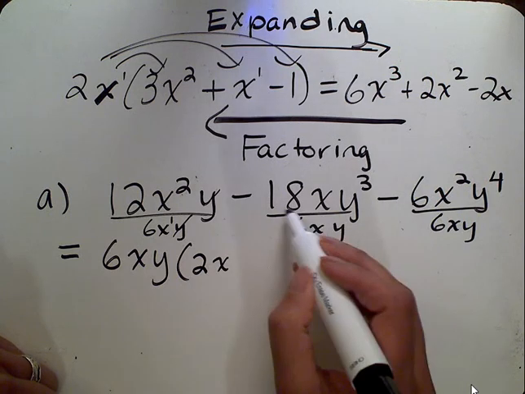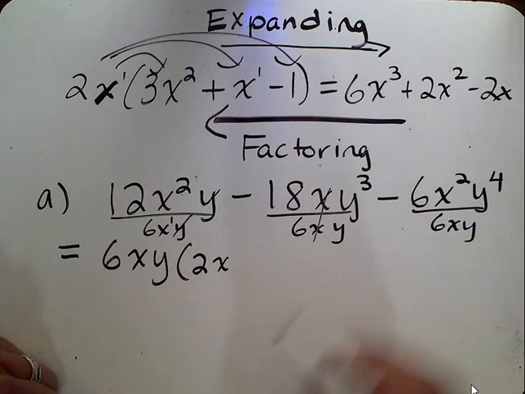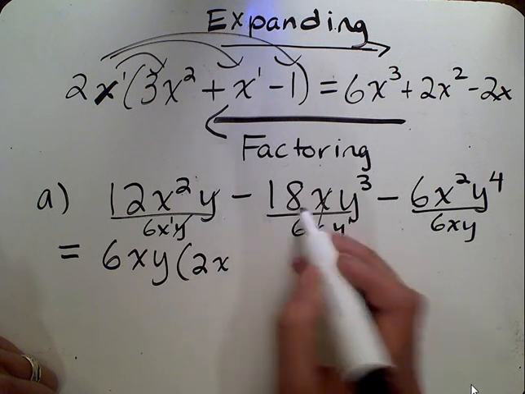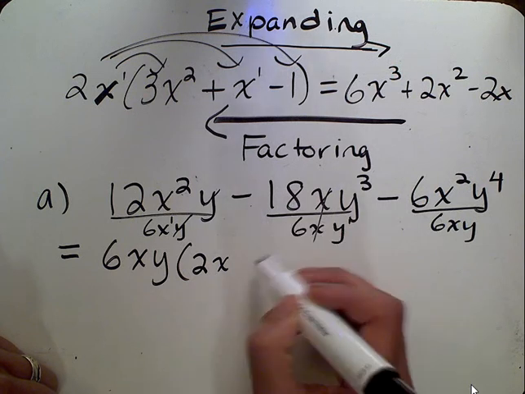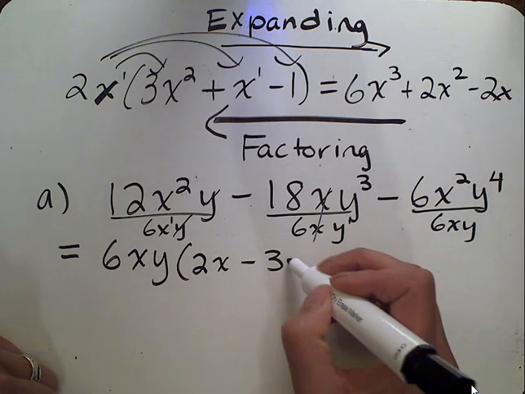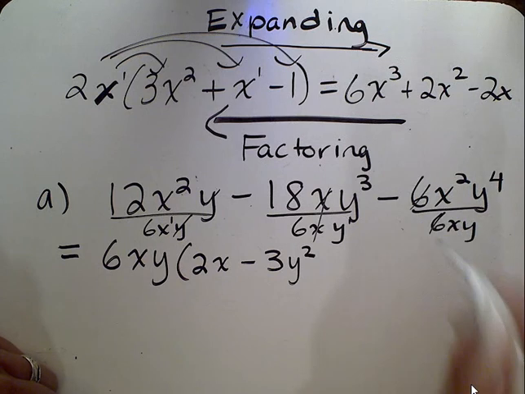Negative 18xy cubed divided by 6xy. Well, this time those x's are going to cancel out. 18 divided by 6 is 3. I'm going to think of this as negative 18 divided by 6 though, so I get a negative 3. Y cubed divided by y is y squared. And then over here, the 6's cancel out, they become a 1.